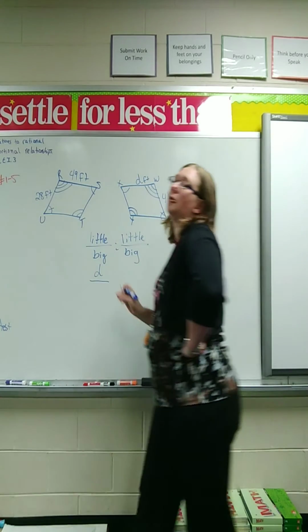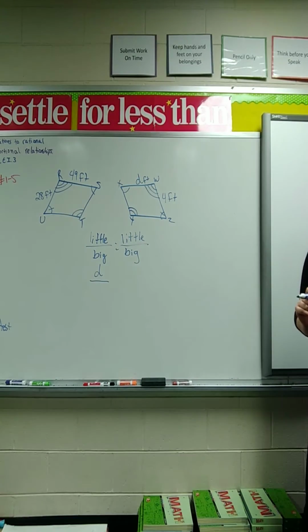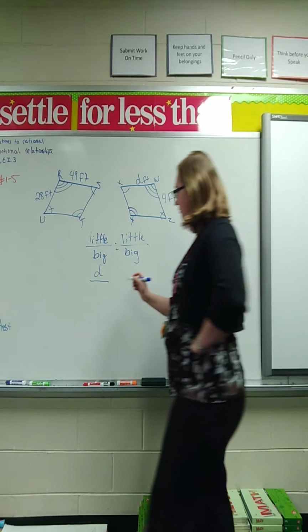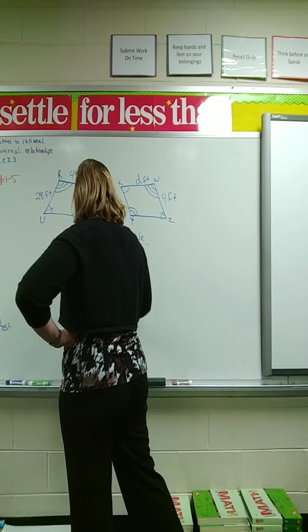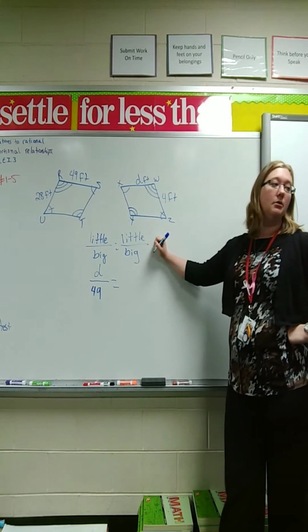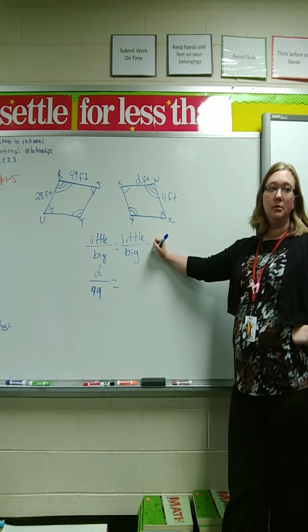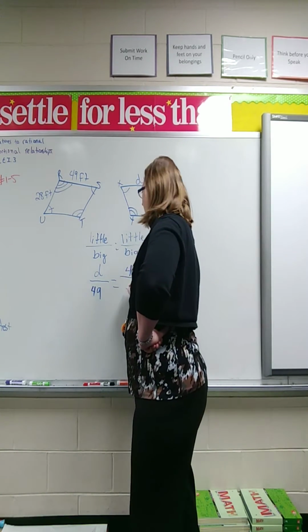What is the corresponding side that goes with D in my big shape? 49. D over 49 equals my little 4 and my big 28.